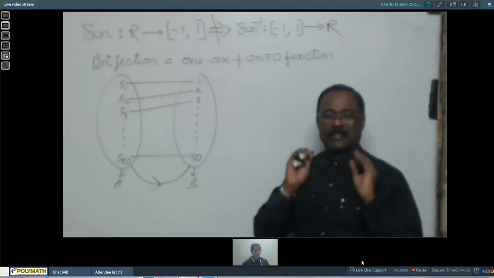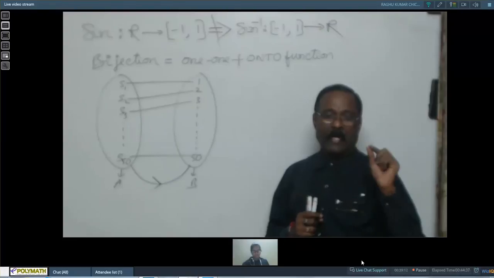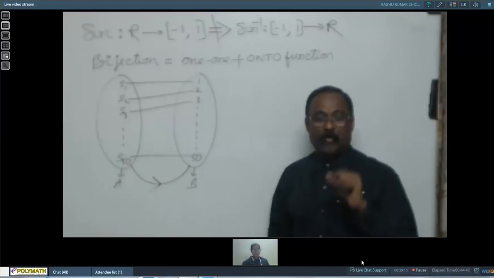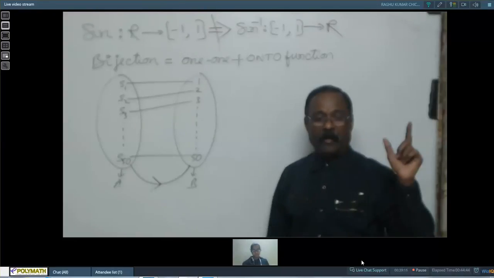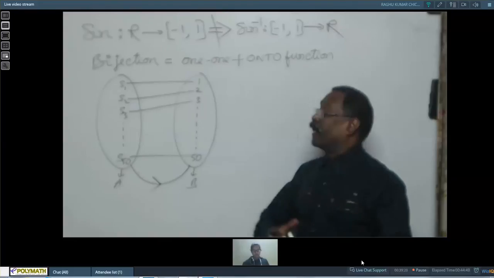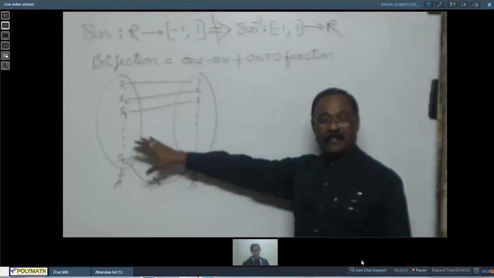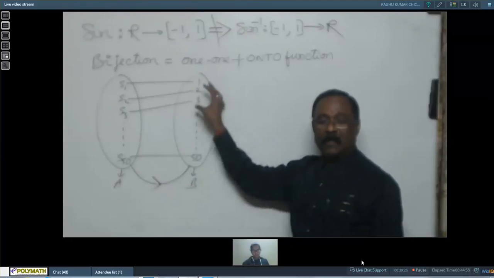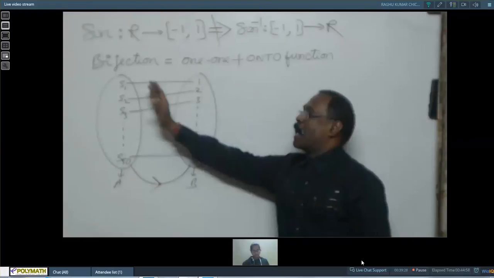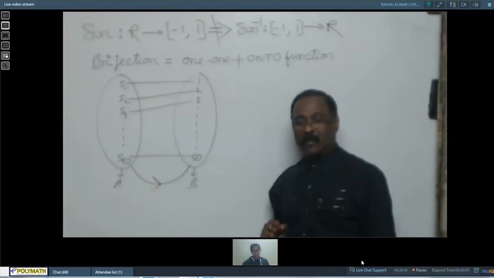According to the Hindu Marriage Act, every male should have one and only one wife legally. If you take all Hindu husbands as set A and all women as set B, and you map from Hindu husbands to women, then it is a one-one function, of course, legally.